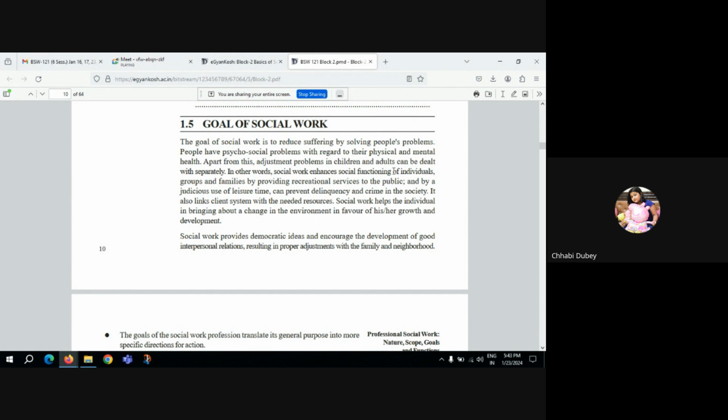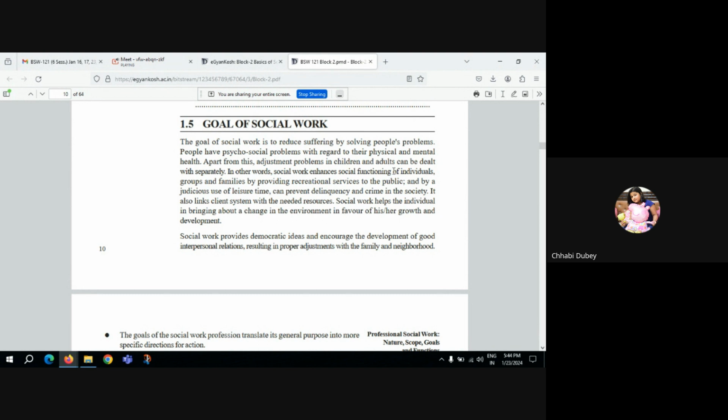Social work enhances the social functioning of individuals, groups, and families by providing recreational services to the public, by helping them make judicious use of their leisure time, and by preventing delinquency and crime in society. It also links the client system with the needed resources. Whatever their requirement is, the social worker will help them get linked with the resources.